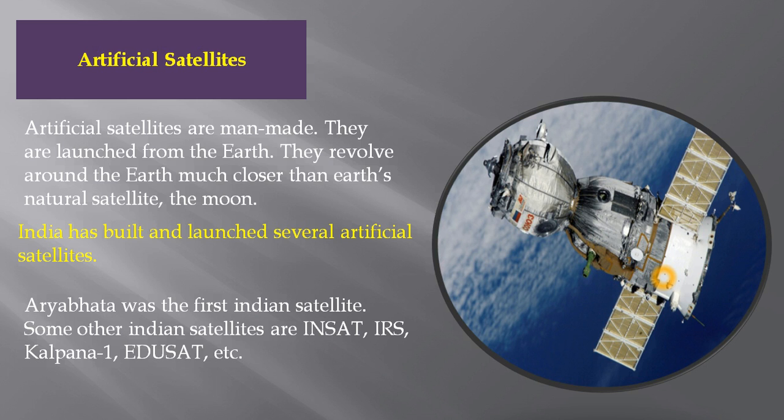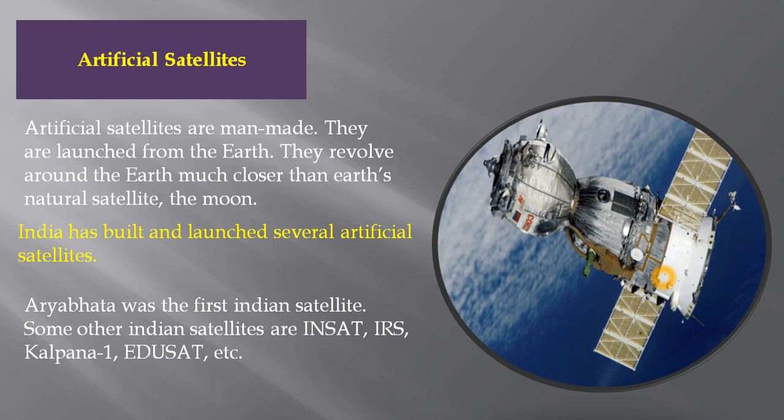Every instrument requires some kind of energy for its working. In an artificial satellite, the electricity required for running this equipment is provided by solar cells. Solar cells convert sunlight into electricity, and the equipment runs in an artificial satellite.